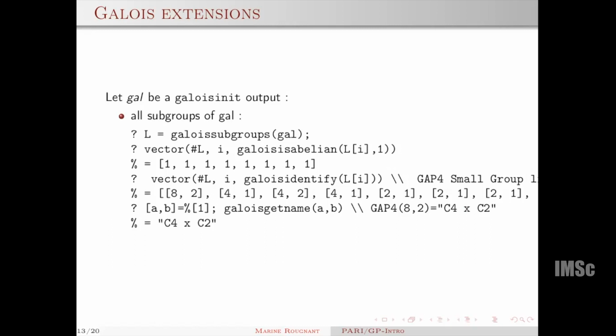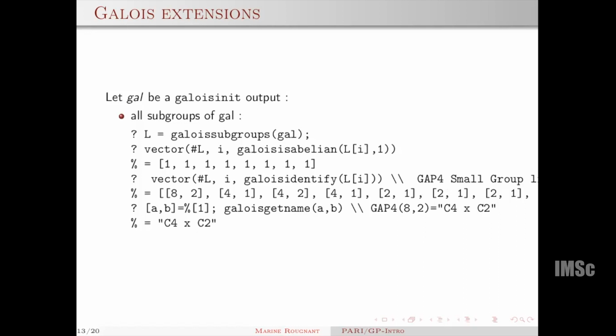In French, it's the "treillis des sous-groupes": you have your big group and all the subgroups, like a tree, though not exactly a tree. It's the diagram of all subgroups, and this is completely based on GAP.